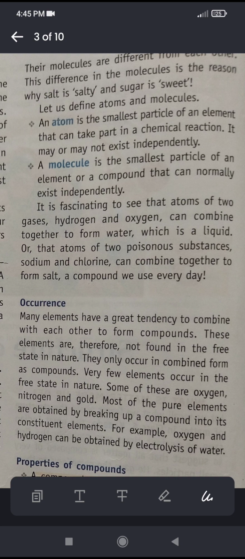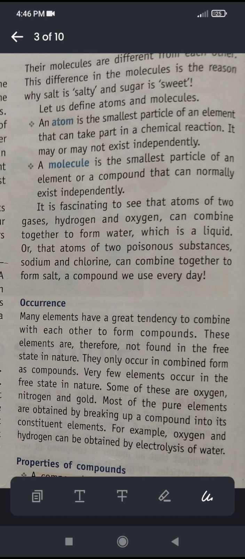These elements are therefore not found in the free state in nature. There are only a few elements which occur naturally on our earth, and most of the elements are made.